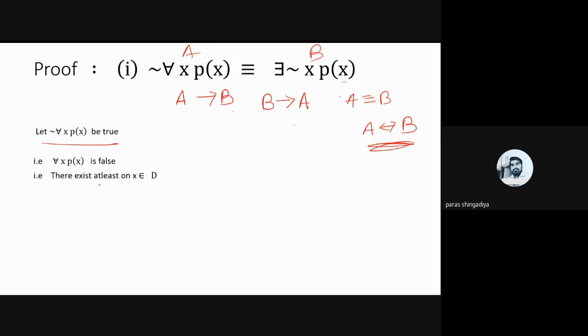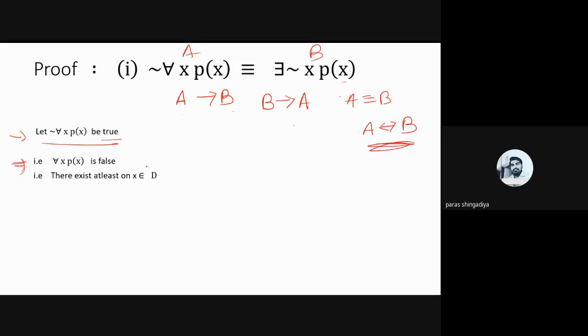So there exists at least one x belonging to D where Px is false, and therefore every x Px will be false. We consider first that negation every x Px is true, so we remove the negation. The main term is every x Px, which is true under the negation, so when we remove the negation it becomes false.